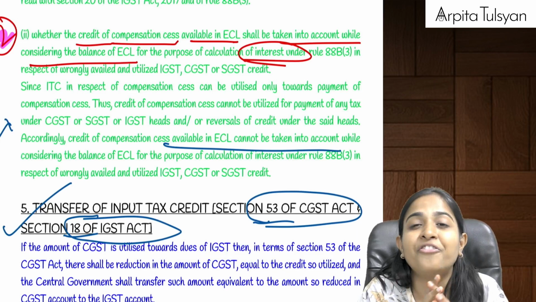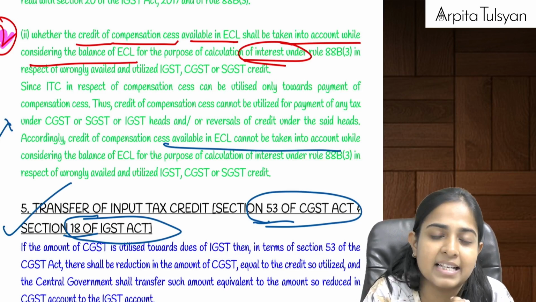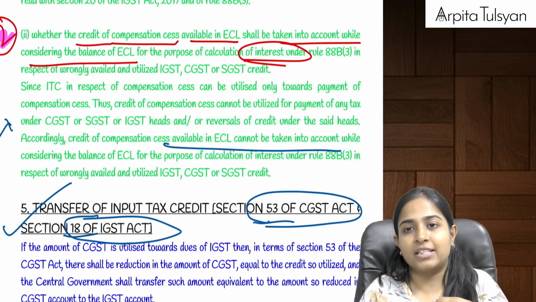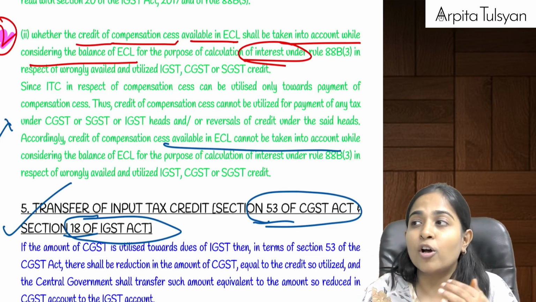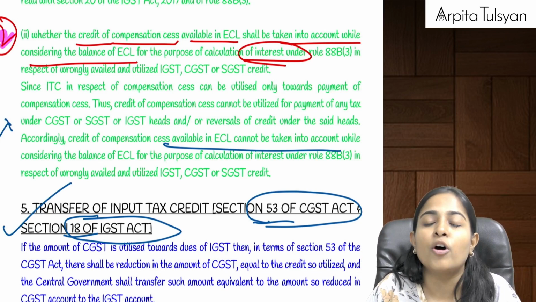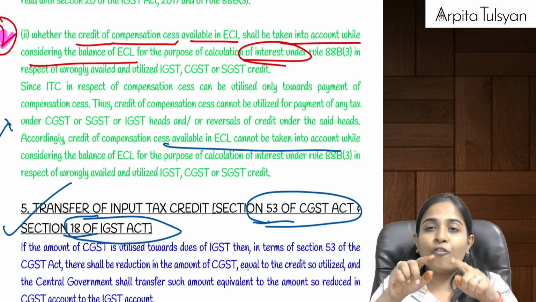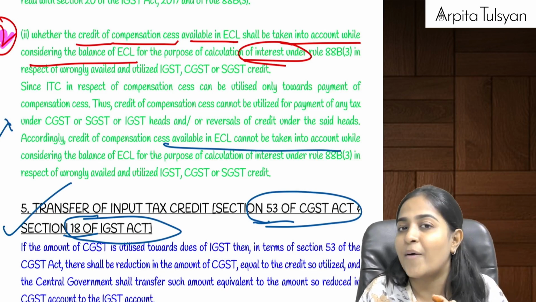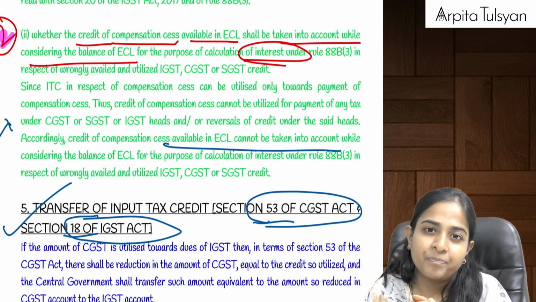So it is not a free amount of tax available with you. Therefore, while calculating the interest for the third point, that is for utilization of wrongly availed credit, when you are calculating the total balance of your credit ledger, you are not required to take the cess amount. Are you clear with this?